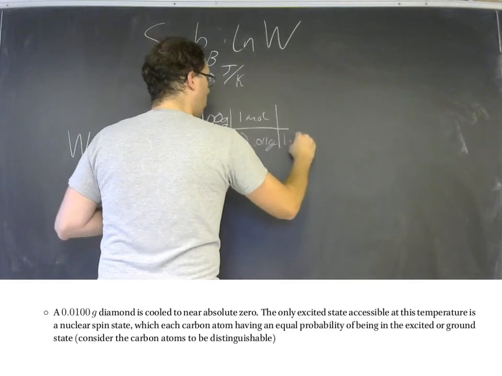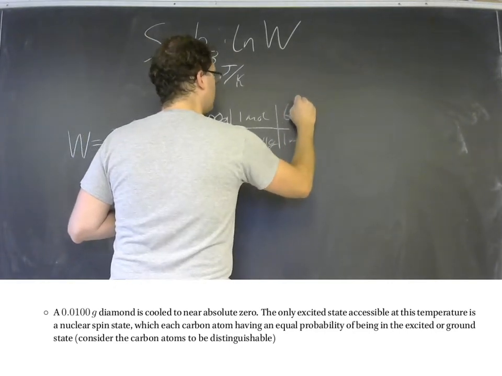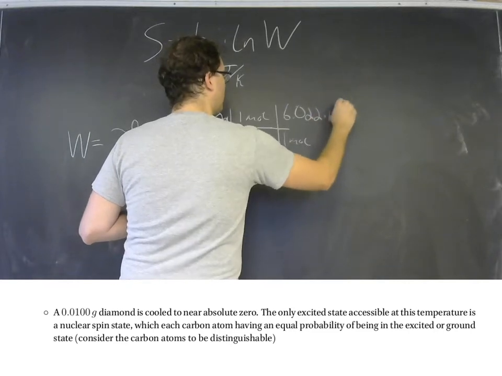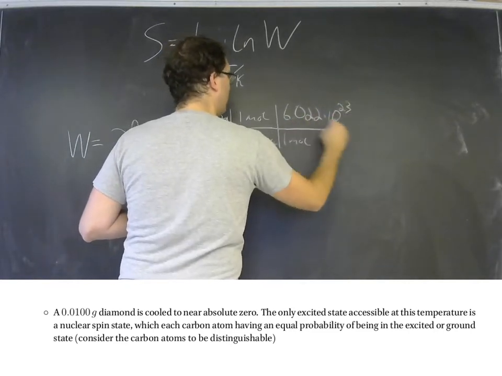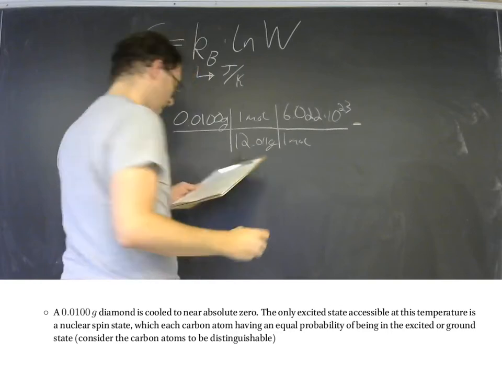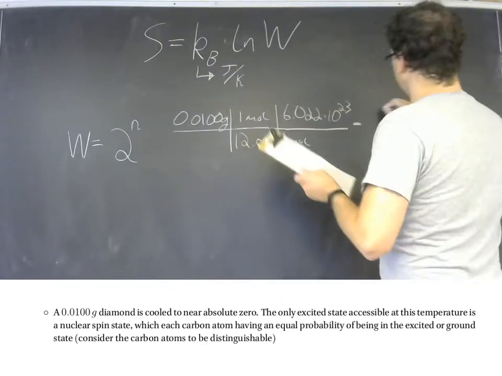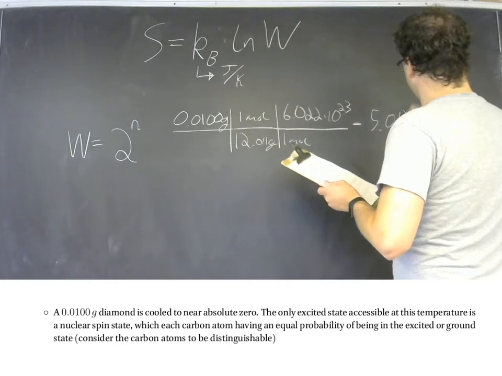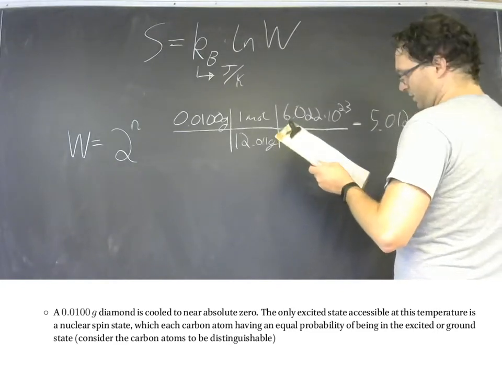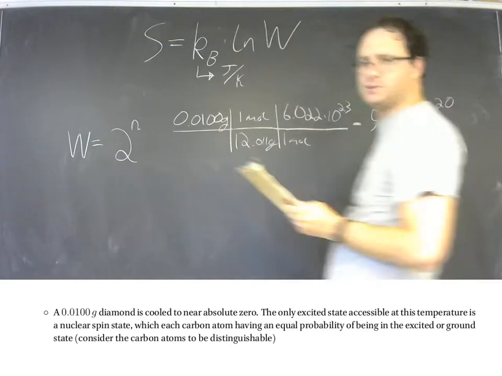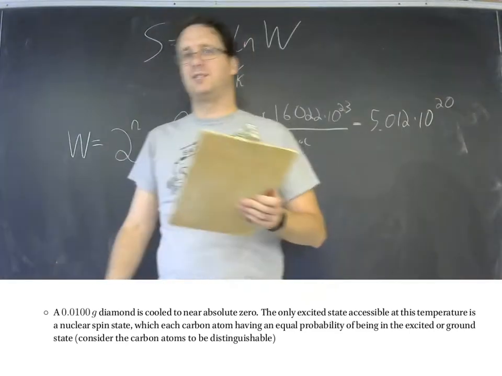And 1 mole is 6.022 times 10 to the 23rd individual carbon atoms. And so that's 5.012 times 10 to the 20th carbon atoms. A lot of carbon atoms in just a teeny tiny diamond.